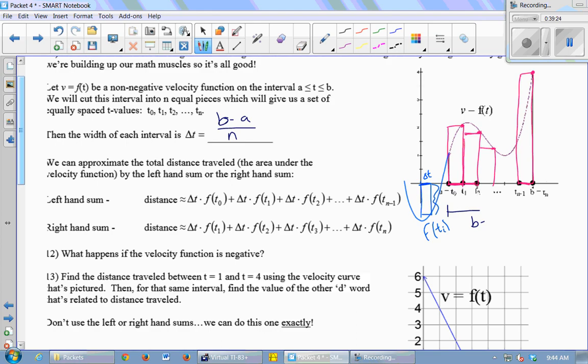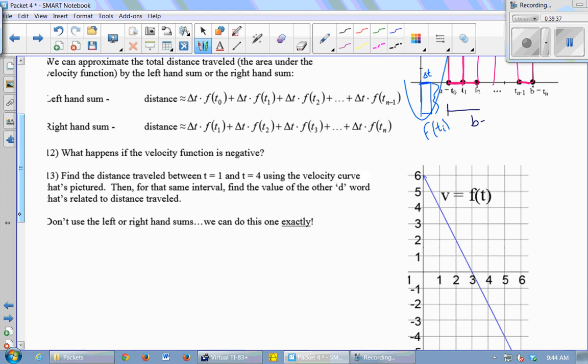So the area of that rectangle would come out negative, because delta t is always positive. This height would be negative, so the area of the rectangle would be negative. So if the velocity function is negative, area is negative, which means distance traveled is negative.